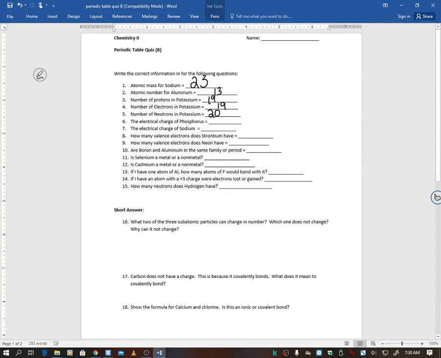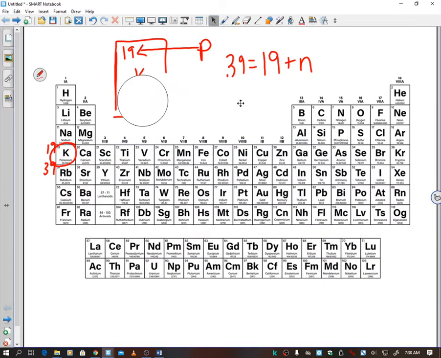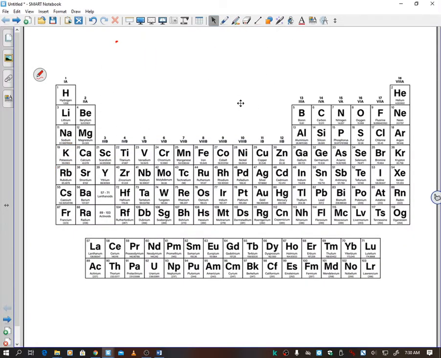All right, so now let's look at charges. We have the electrical charge of phosphorus and the electrical charge of sodium. So let's look at that. We have phosphorus here and we have sodium here. Now I had you guys write charges on top of your periodic table.